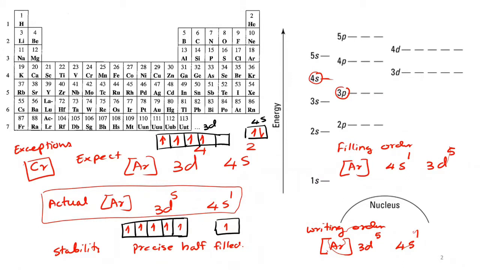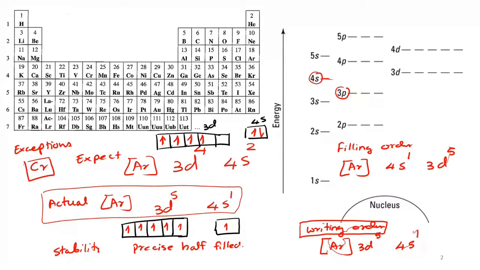So you have to order them in the increasing order of principal quantum numbers. Make sure you know that this writing order is going to be helpful in a later step. We are going to talk about ion formation, writing electron configurations for ions.